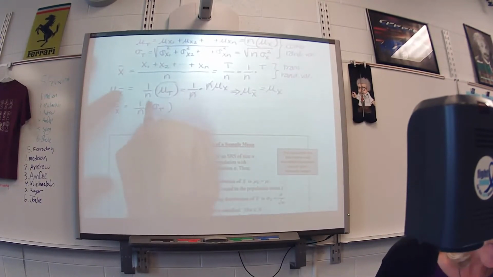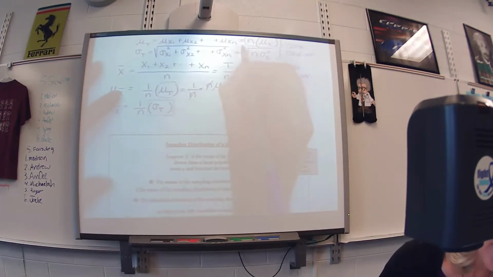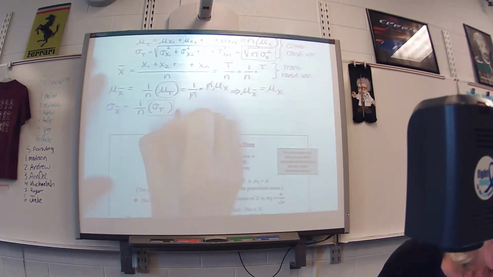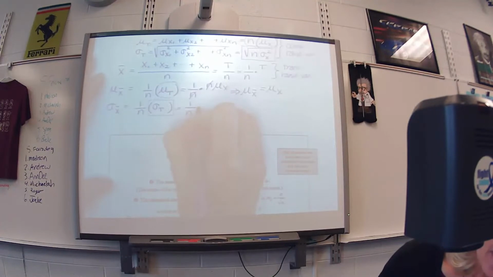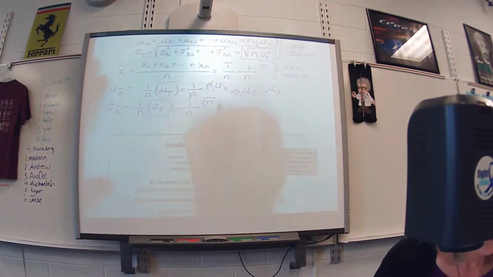But sigma for t is going to get substituted with that. So that will become 1 over n times the square root of n times the square root of sigma squared sub x.